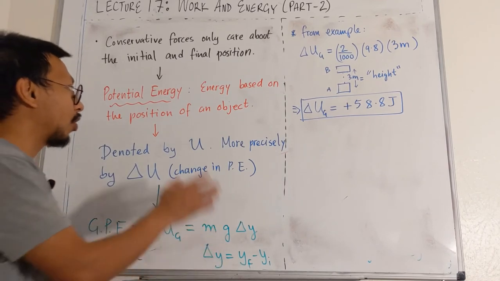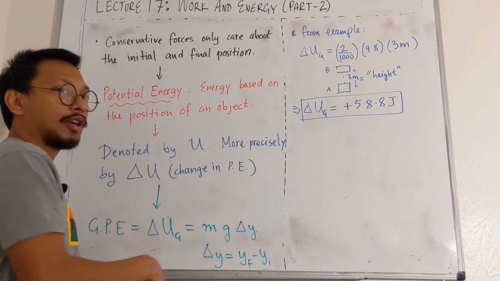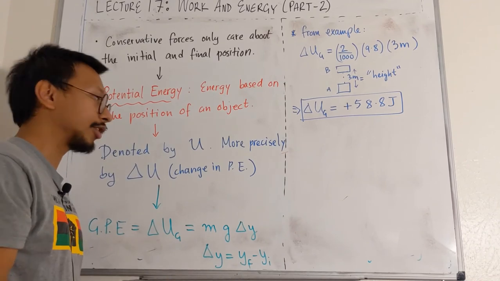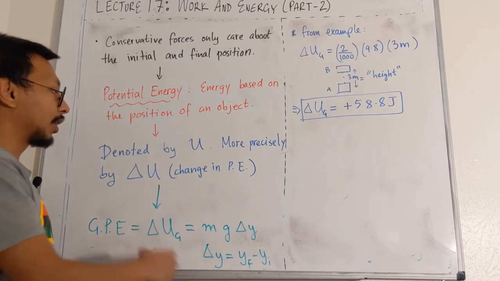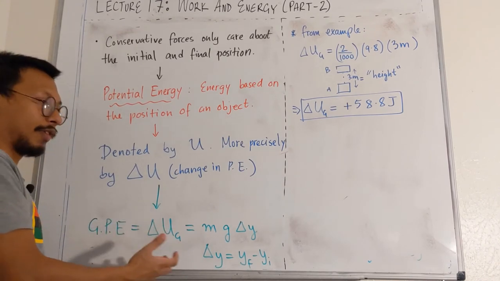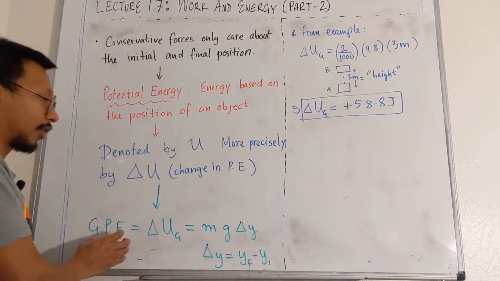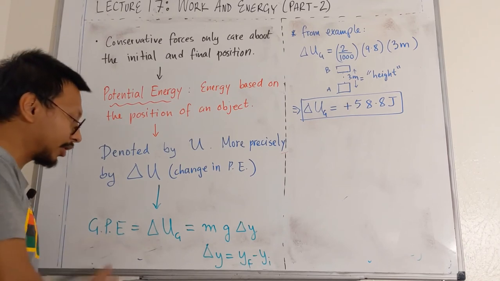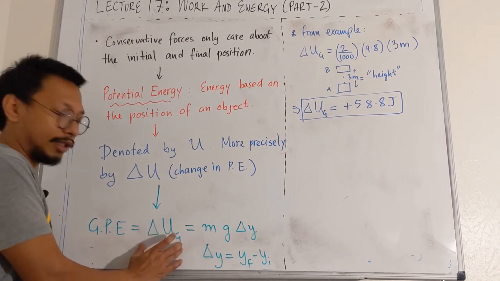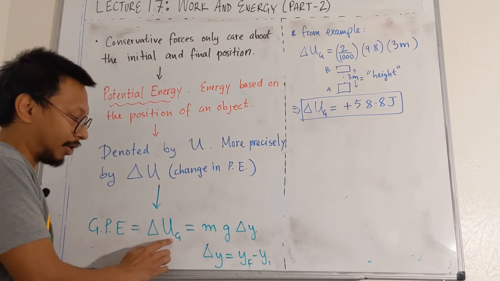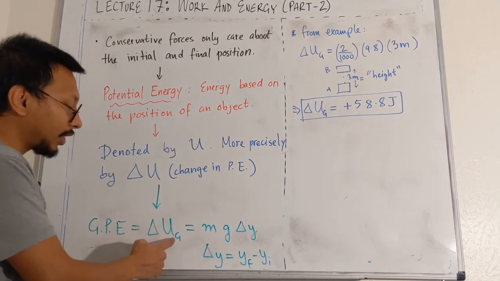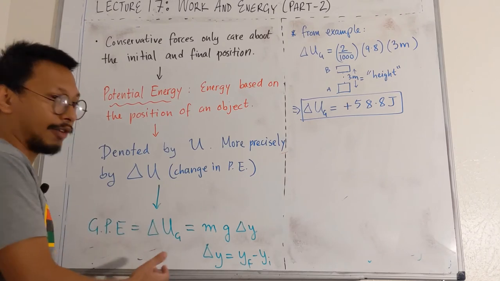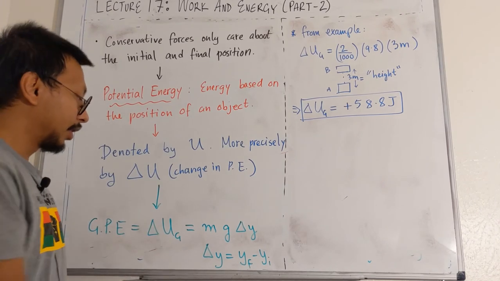So whenever we talk about finding potential energies, we will always measure changes in potential energy. Now, associated with gravity, a conservative force that we have just come across, we have the gravitational potential energy, which is denoted as delta U sub capital G. I write capital G just to differentiate it from the acceleration due to gravity, though small g is up to you.